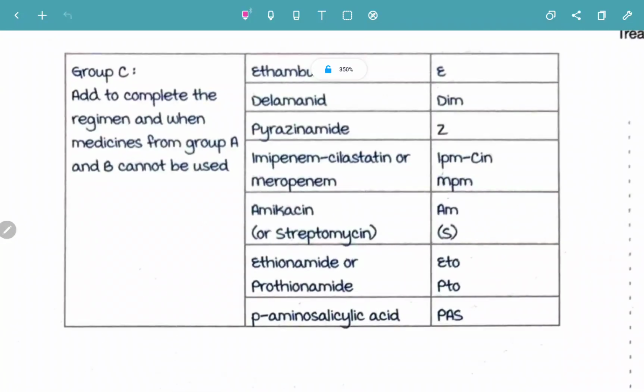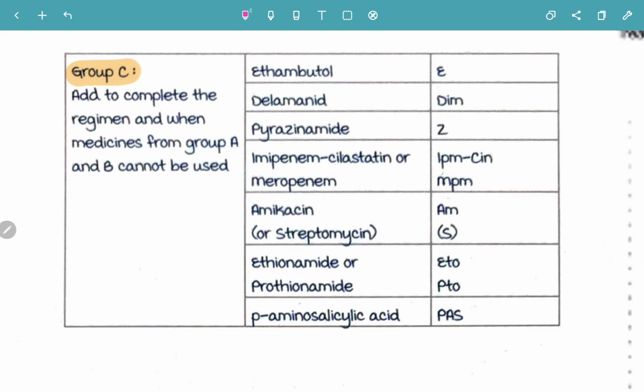And what are your group C drugs? Group C drugs you need to add to complete the regimen, when medicines from group A and B cannot be used. So whenever group A medicines and group B medicines cannot be used, group C medicines can be added.